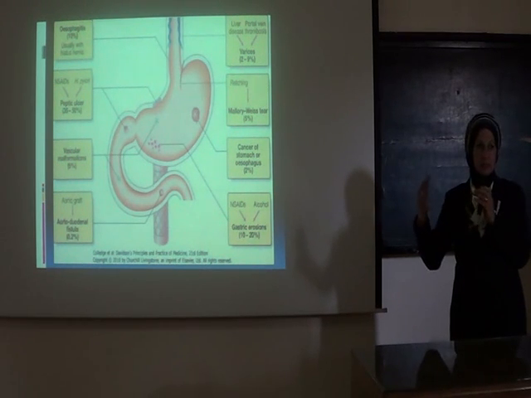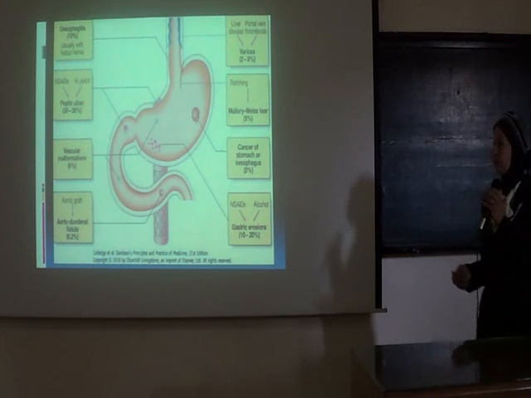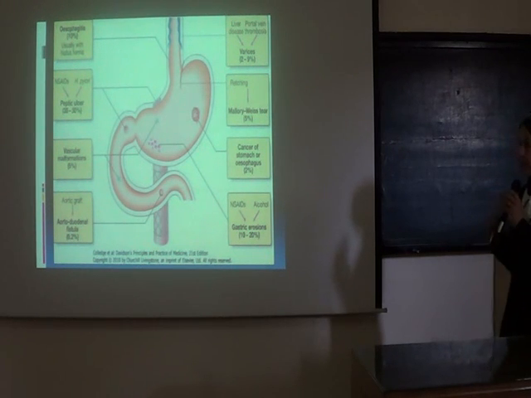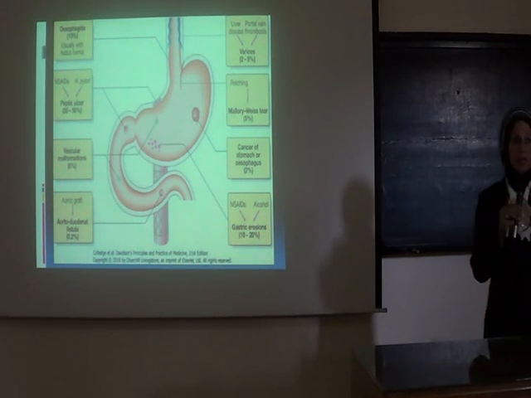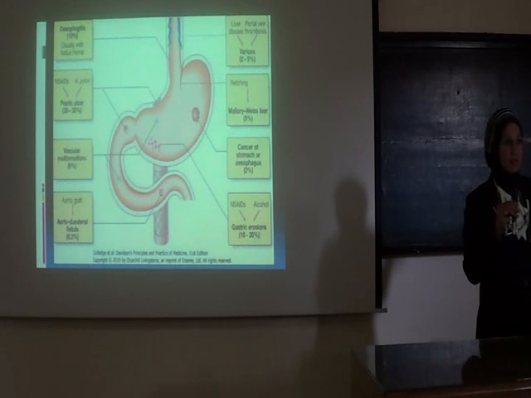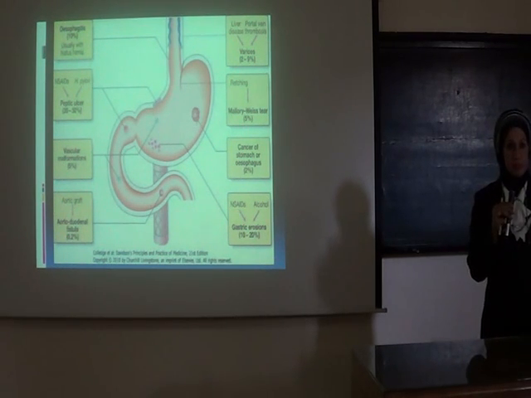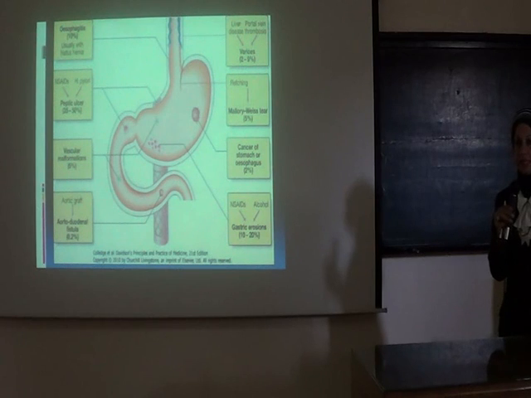So this area at the lower end of the esophagus is a communication. This is the portosystemic shunt that occurs in the abdomen, so the most important area is here at the lower end of the esophagus.